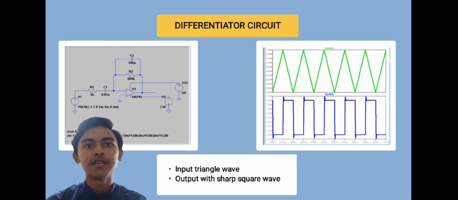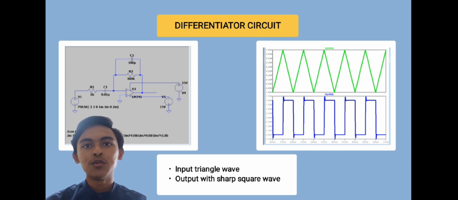Next slide is the differentiator. The differentiator circuit uses Cs equal to 0.01 microfarad, Rf equal to 100 kilo ohm, Rs equal to 1 kilo ohm and a 100 picofarad compensation capacitor.